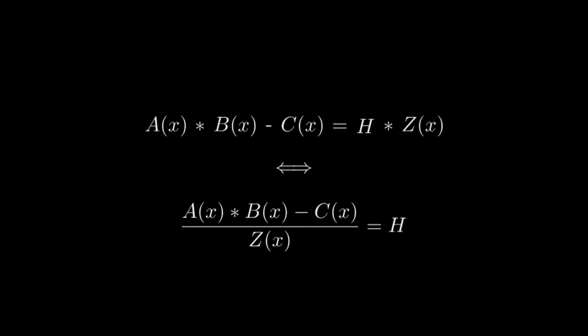This stuff on the left-hand side of the equals sign, we actually want to prove that it is divisible by the vanishing polynomial z of x. If it's not divisible by z of x, then you won't get out a polynomial in the division. You'll get out a rational function. And this means you won't be able to complete the proof. And this is the core idea we want to check in the end.